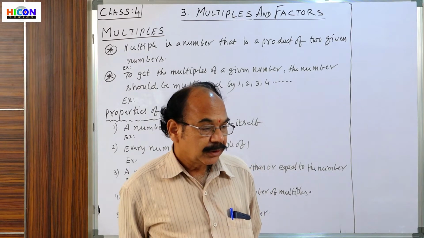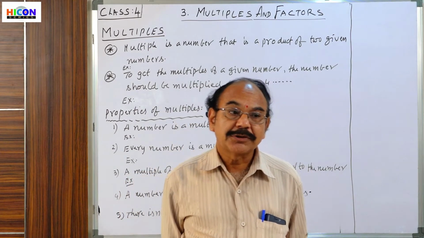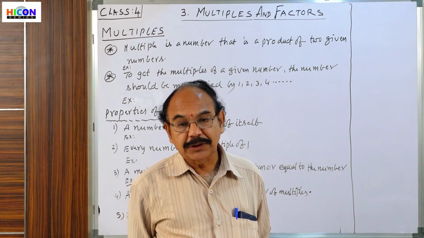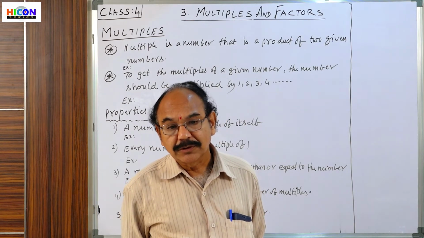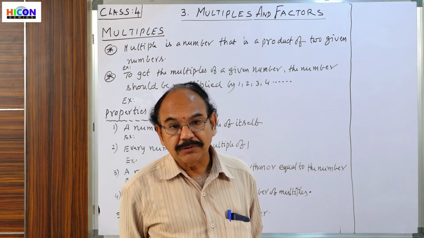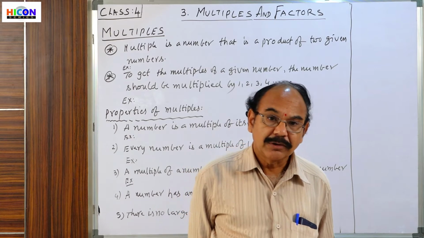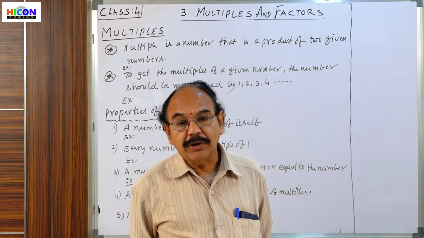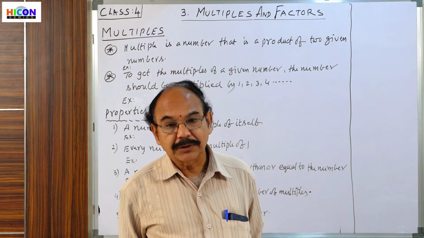If the teacher asks you to read the 6 table, you read the 6 table. 6 ones are 6, 6 twos are 12, 6 threes are 18, like this: 6, 12, 18, 24, etc. So in reading the 6 table, you are getting some numbers.